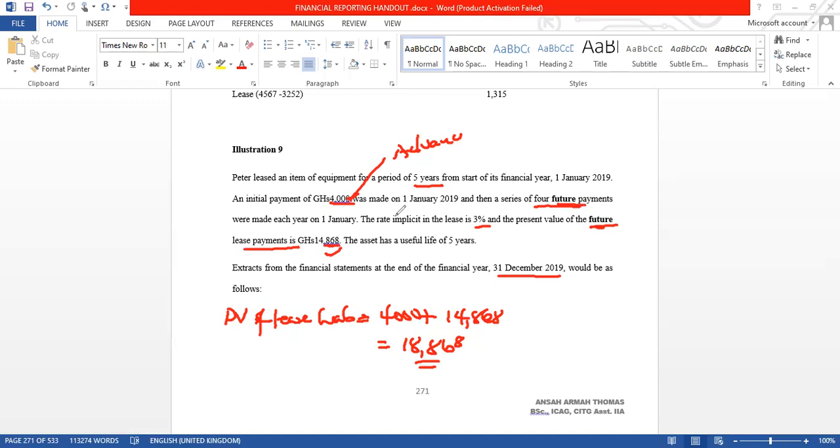So if you are going to draw our lease liability table, you have your year and you have your cash flows. Note your balance brought down. All right, let me write it well.